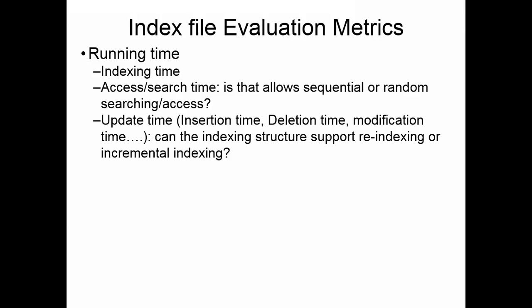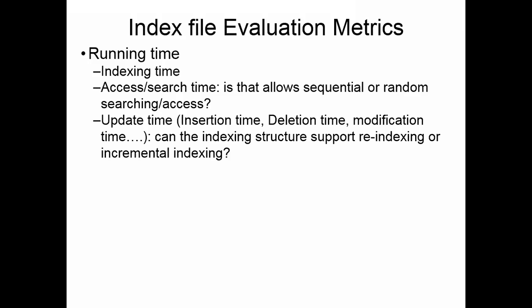For selecting any index file, that means the indexing structure, what are the criteria we have to use? Obviously, we have to see to what extent using that index structure for creating the index file speeds up searching.